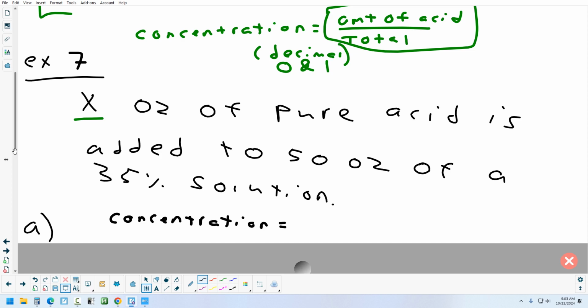That's not how much acid we started with. 35%. Or would it be the 17.5? It would be 17.5. Okay, that's how much acid is in the 50 ounces. The rest of it, maybe it's just water. Okay, so we're starting with 17.5 ounces of acid. And how much acid am I going to add to that?